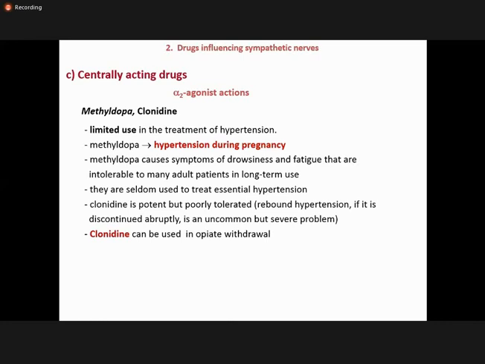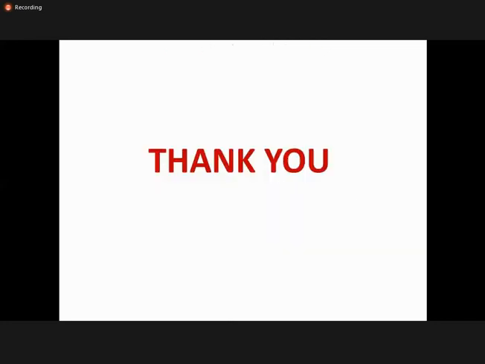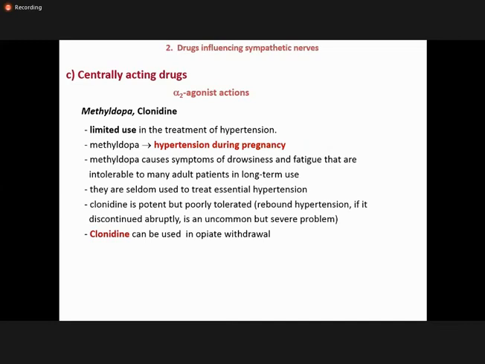Clonidine can also be used in opioid withdrawal. This is another important clinical use of clonidine. And clonidine and methyldopa are both responsible for causing sedation, right? This is an important point.